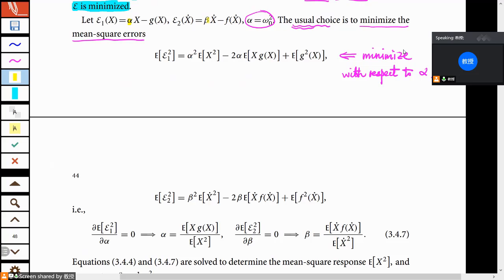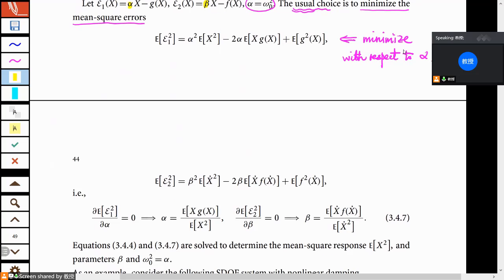Okay, we want to minimize the function with respect to alpha and beta. So for the first term, we differentiate with respect to alpha. And you can find alpha is given by this. And the second term is the error in the damping.